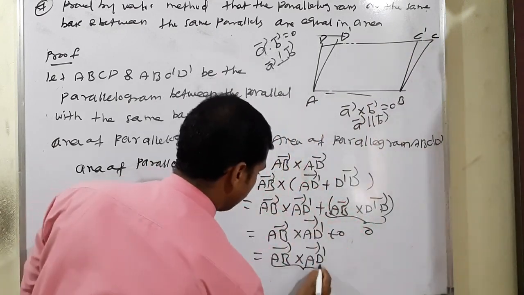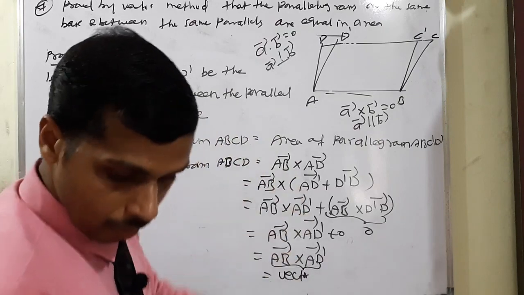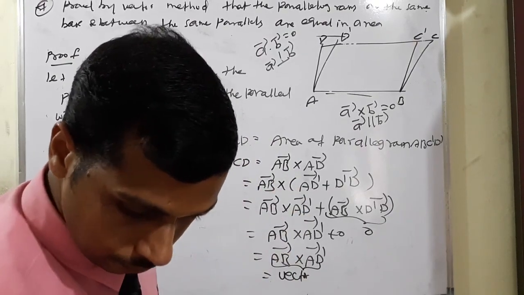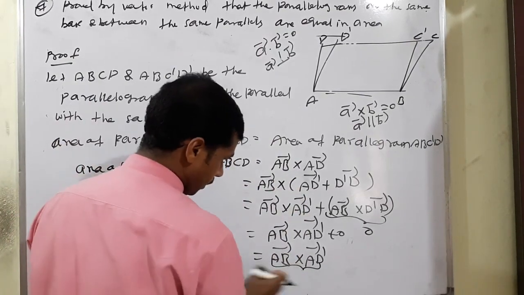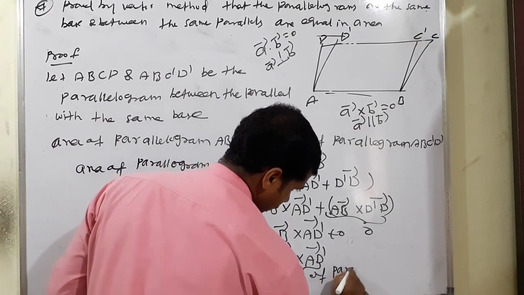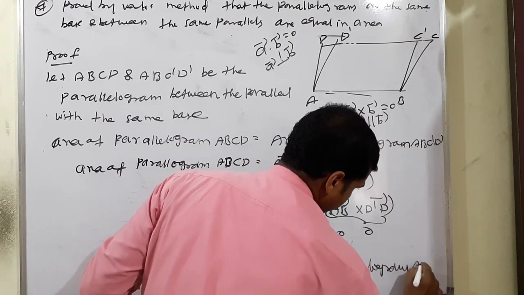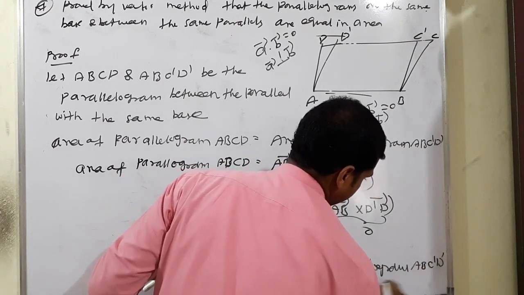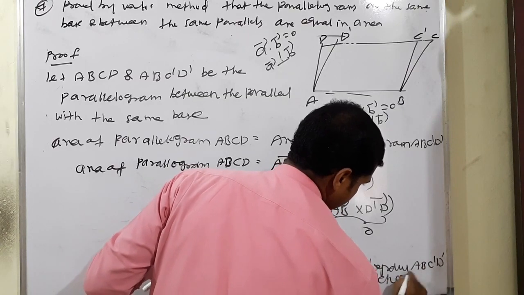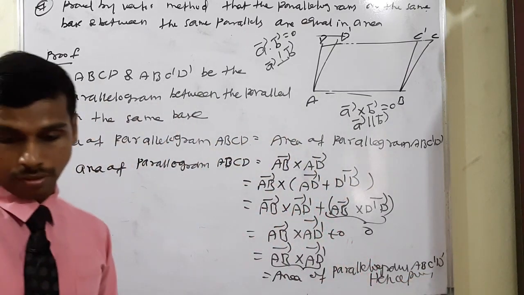This whole term will be equal to the area of parallelogram ABC dash D dash. Hence proved. I will continue the next question in the next class.